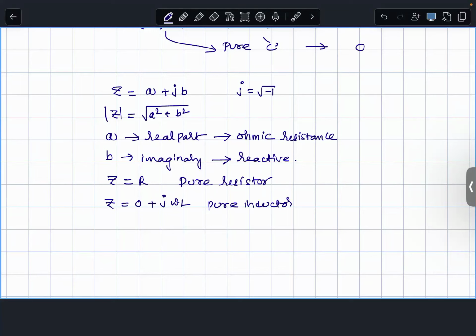The plus sign always indicates voltage leading current. Now, can you please help me in writing a pure capacitor?